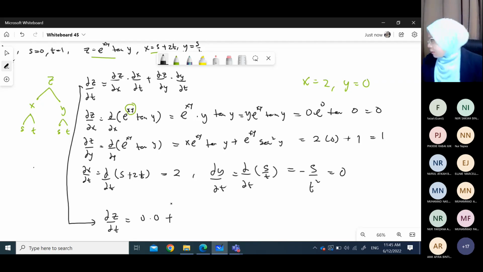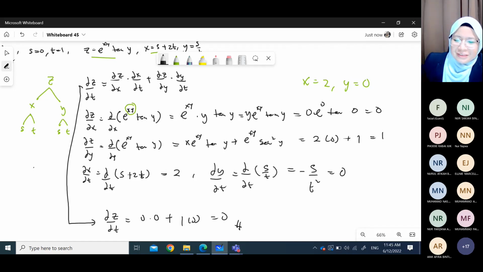Double check kalau silap ni gitu. Del z del y is 1 times dy dt, which is 0. So the answer is 0. Double check ya kalau ada kesilapan bagi tahu.